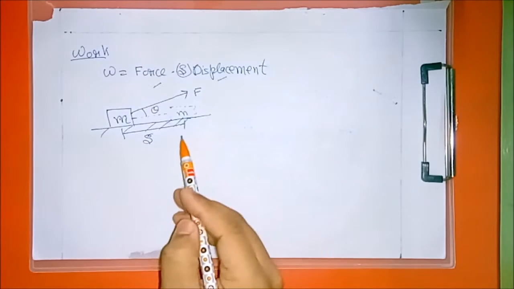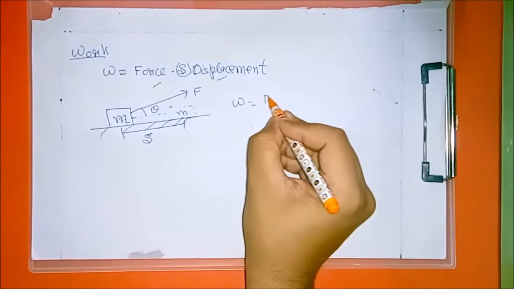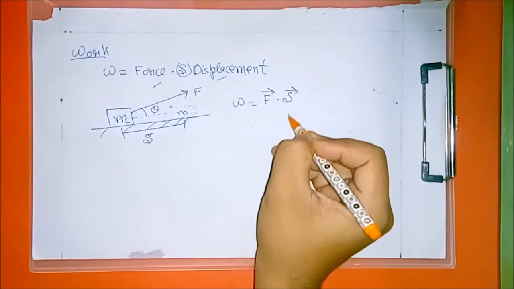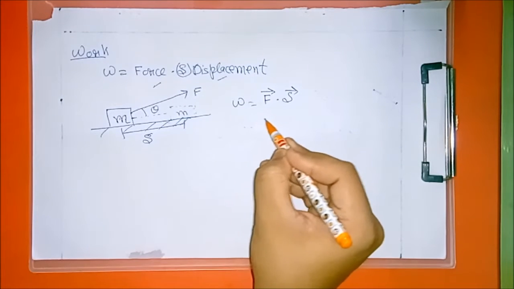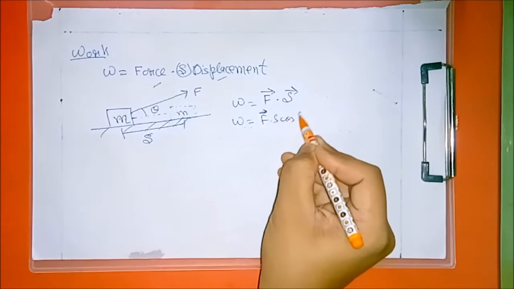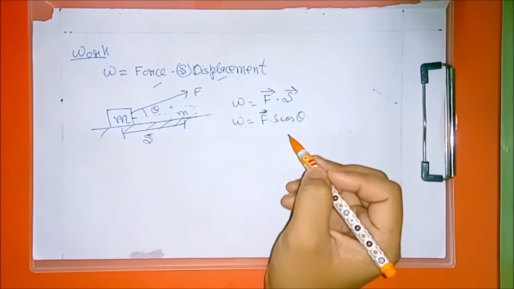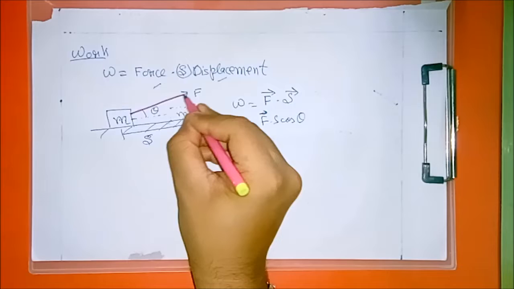So the work done here is equal to F vector dot S vector, and we know that the dot product of two vectors gives us the cos of the angle theta.